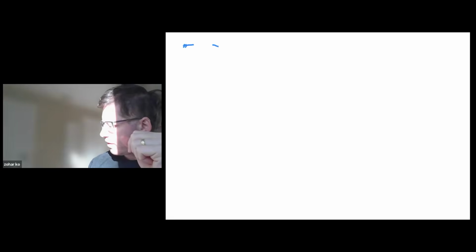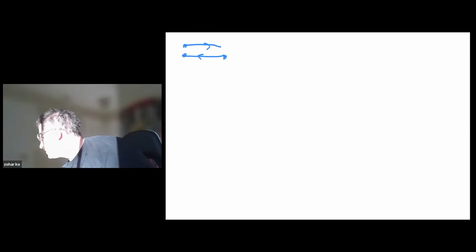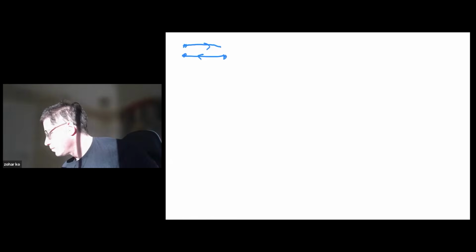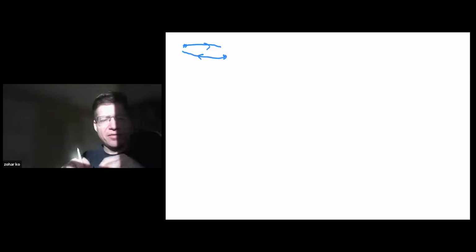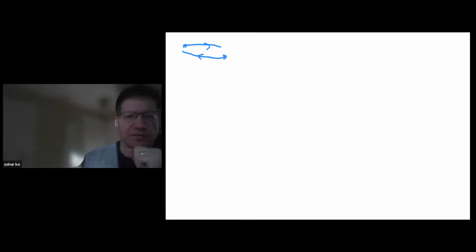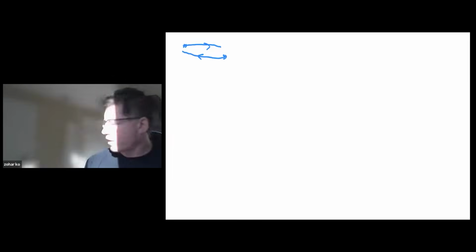This particle is coming in, this particle is going here. So this particle is going this way, this particle is going that way, and then they interact if they come within a distance a of each other. They interact if they come to a small distance within each other. But they could be in various angular momentum modes.